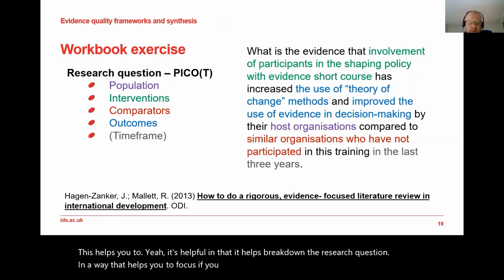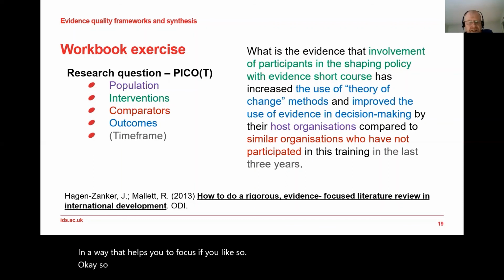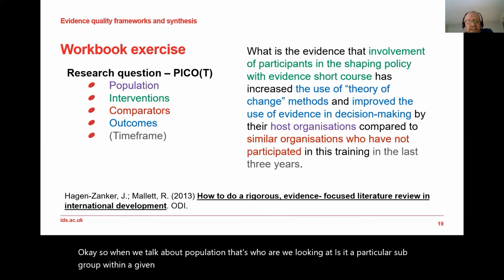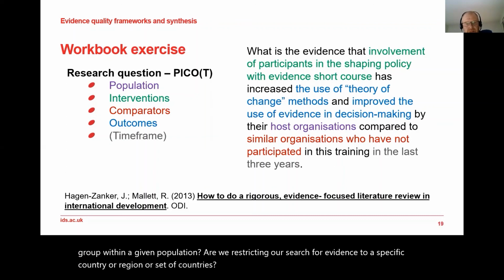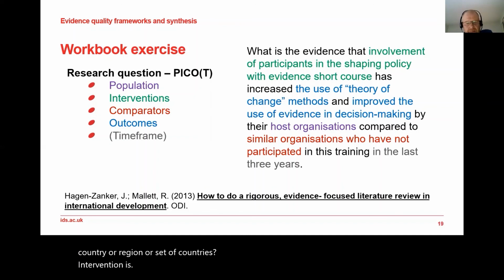So when we talk about population, that's who are we looking at? Is it a particular subgroup within a given population? Are we restricting our search for evidence to a specific country or region or set of countries? Intervention is, are we looking at the impact of a particular kind of program or an event, or the result of a change that took place of some sort?